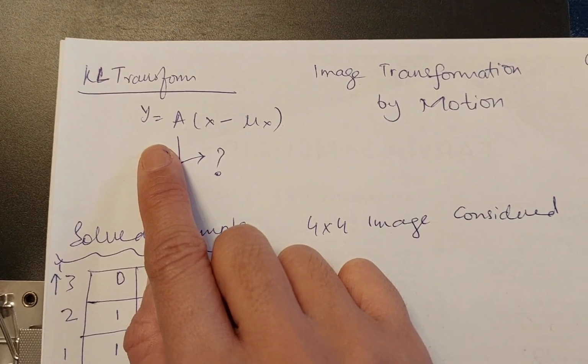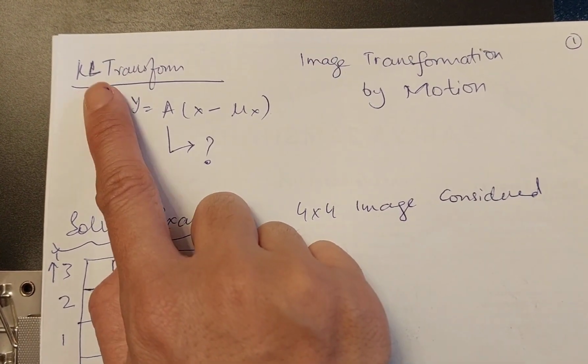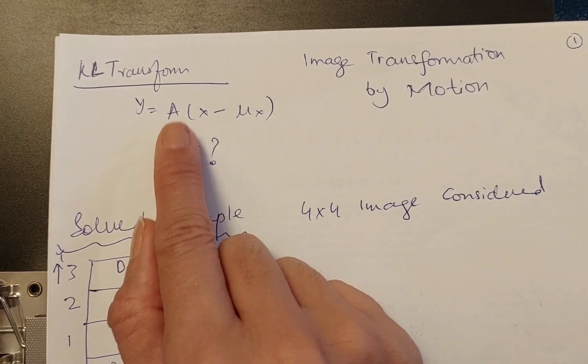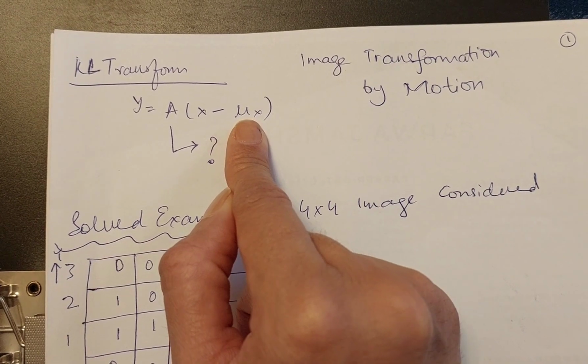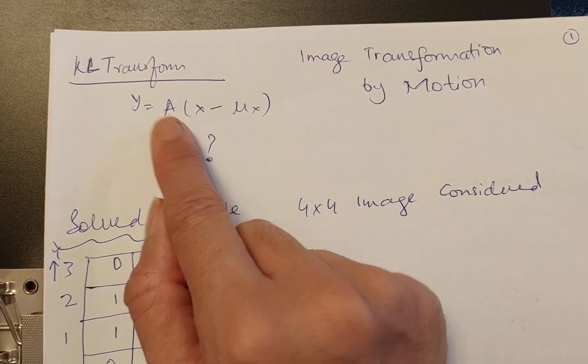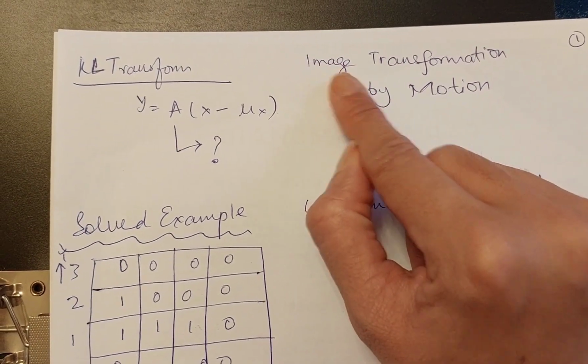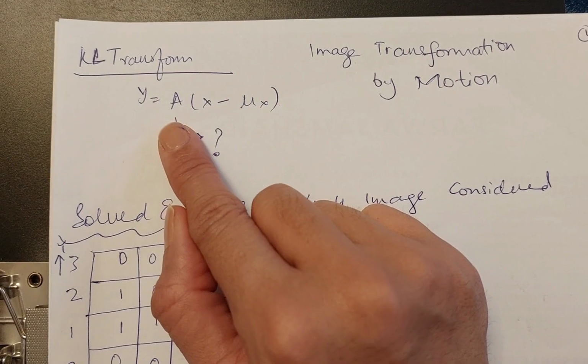If I write it as an equation, the Kanade equation says that y equals A multiplied by (x minus mu x). This A is the transformation matrix, which shows how much the image has been transformed by motion. We are going to find this A.